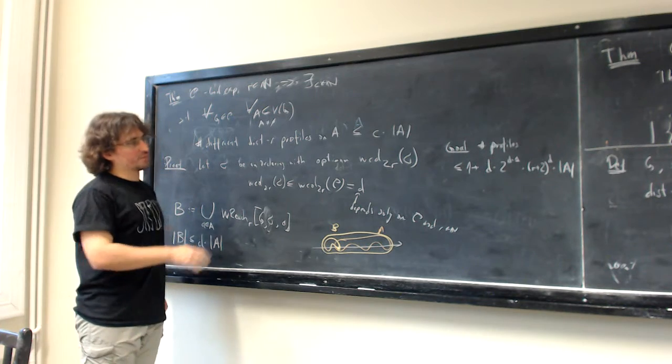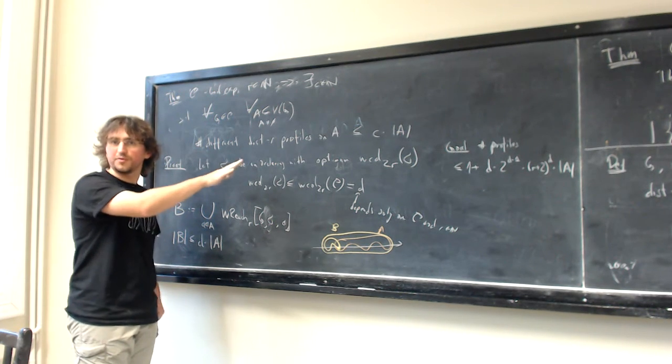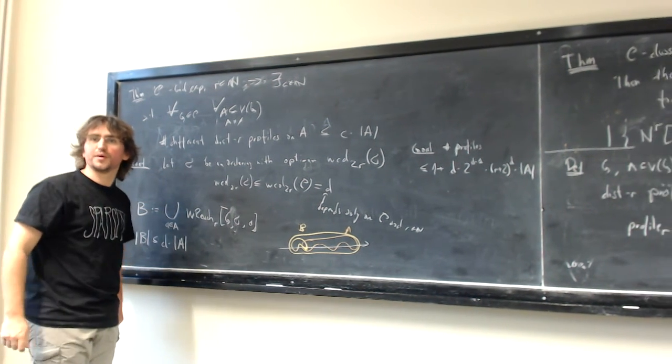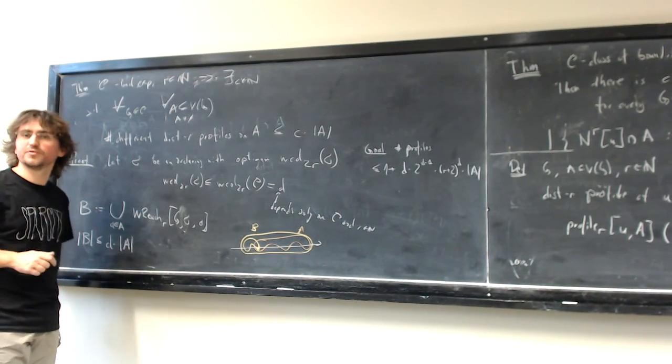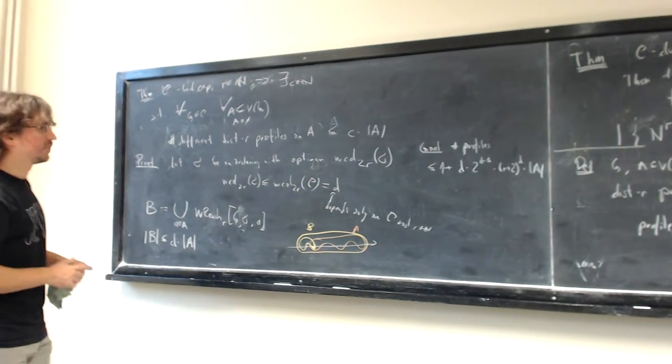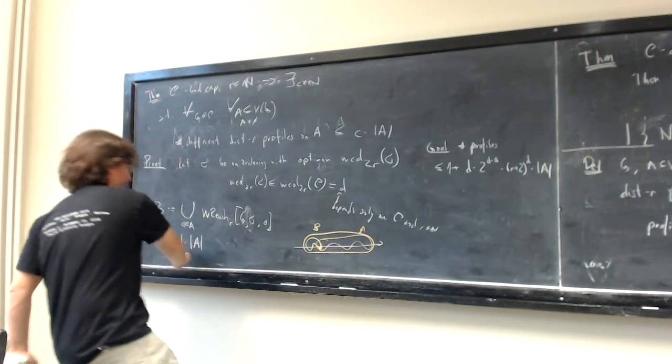So I will just put it here so that in consecutive steps we will see where all these summands and all these factors come from. Yeah, this factor D will come from this, but this later.